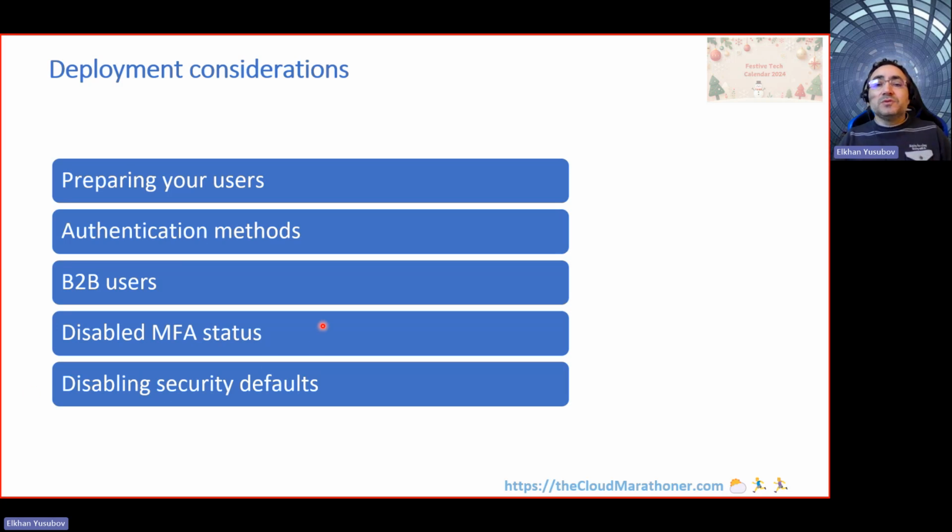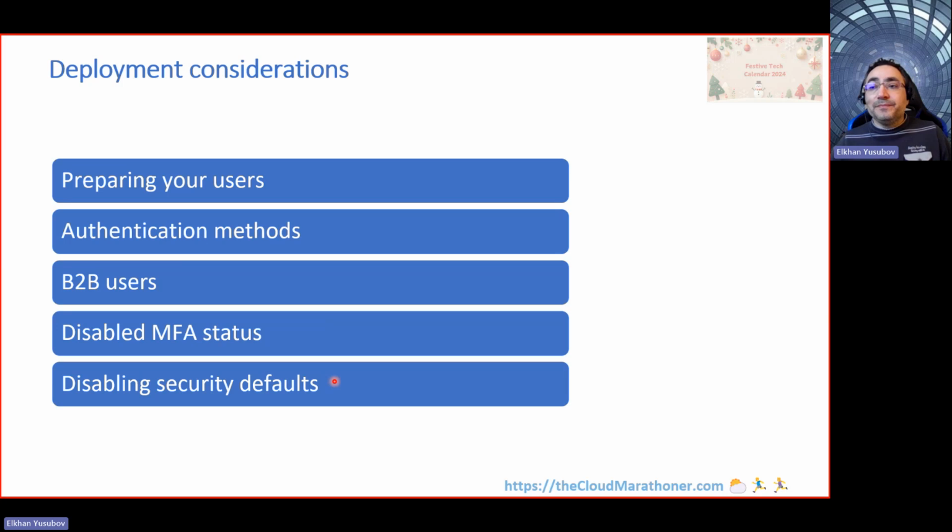Some of the accounts, if you already had MFA enabled for certain users, or any conditional access-based multi-factor authentication enabled, some users may show as disabled, but that should not surprise you. Disabled is an appropriate status for users who are already using security defaults or conditional access-based multi-factor authentication.